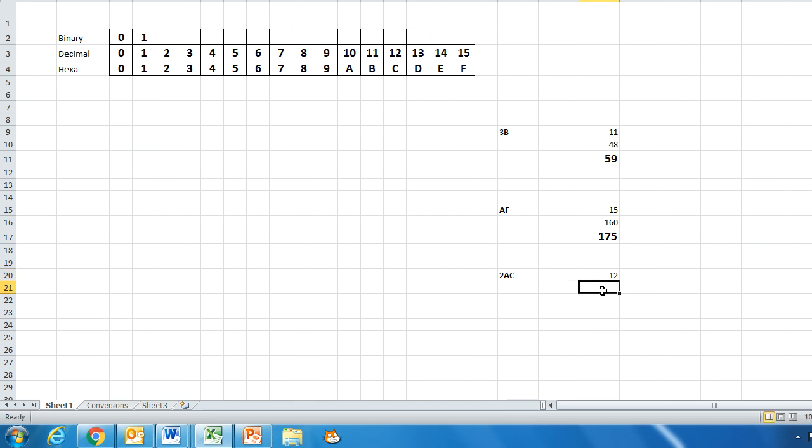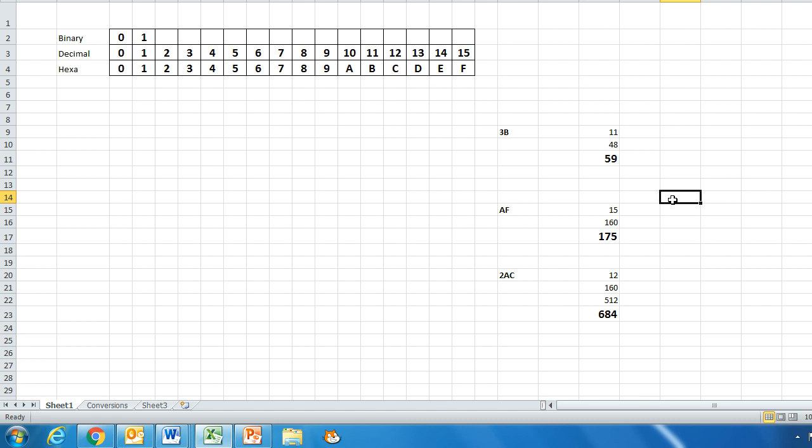And then A is 10 times 16. And the 2 is the third one, 2 times. If you go back to our conversions, it's 256. I forgot the equal. Right, and then once again, just a little auto sum, and there we have it.